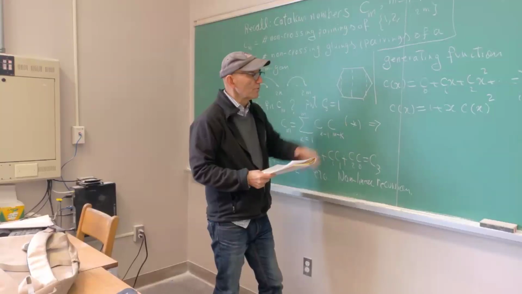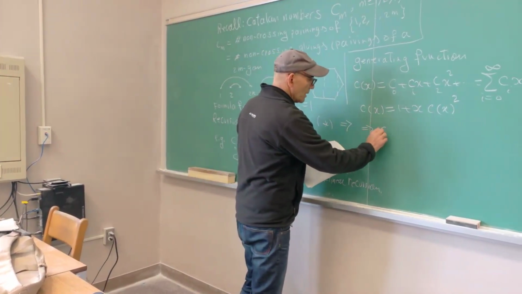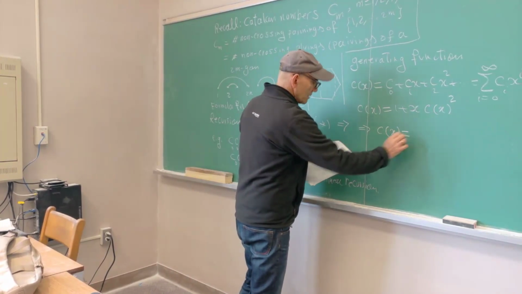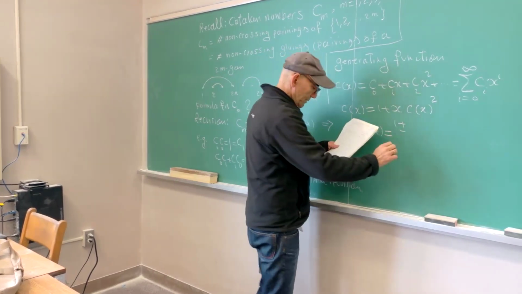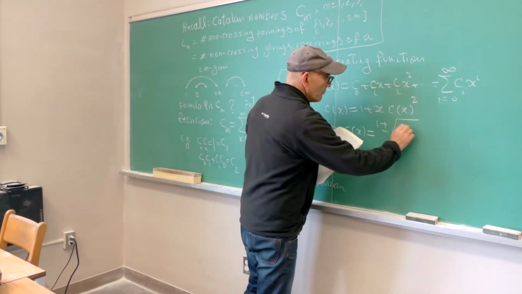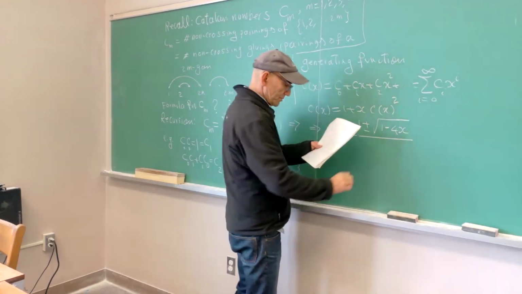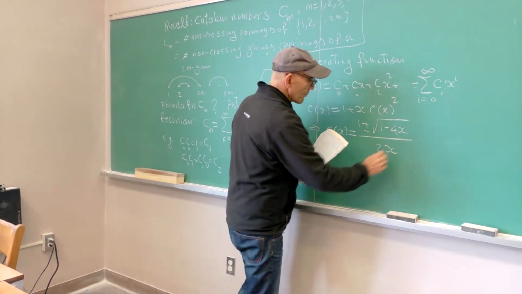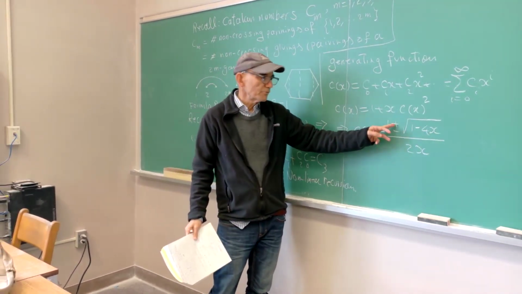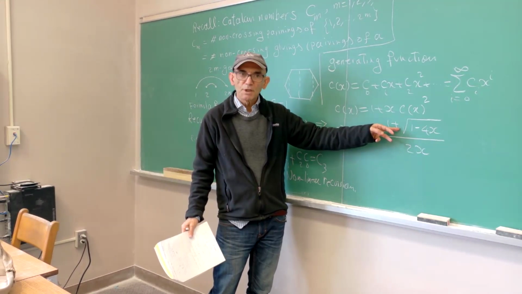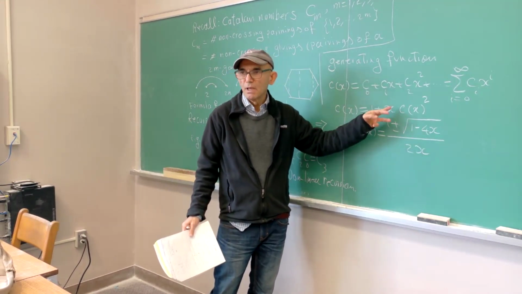Okay, so then we can solve this quadratic equation. C(x) is equal to (1 plus or minus the square root of 1 minus 4x) over 2x. Now, I have to reject the plus answer because as x goes to 0, it blows up.